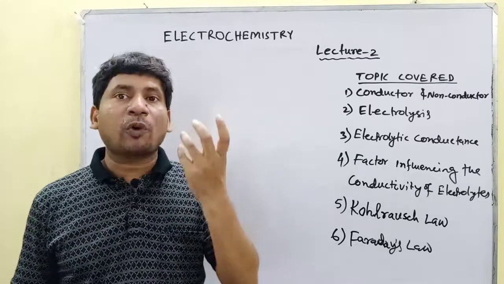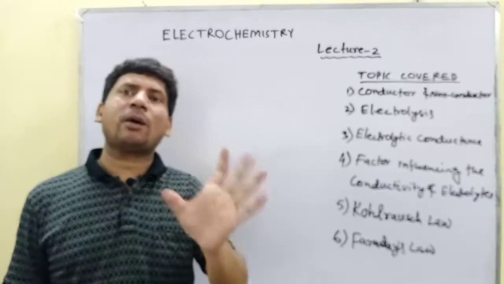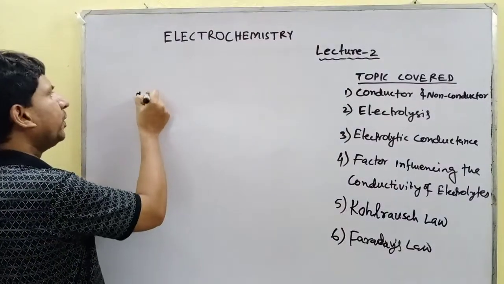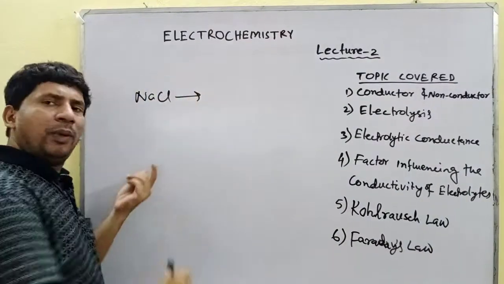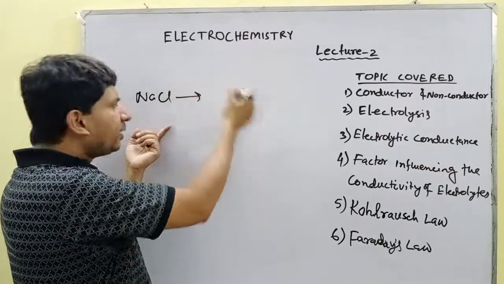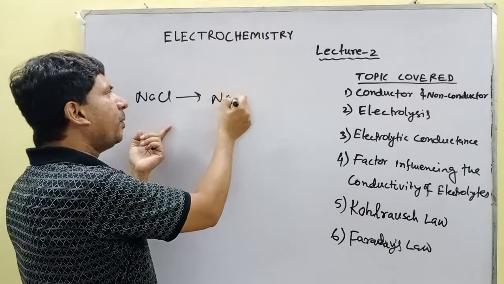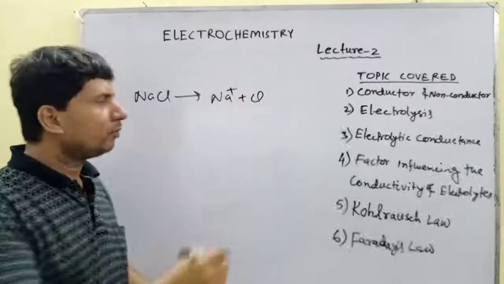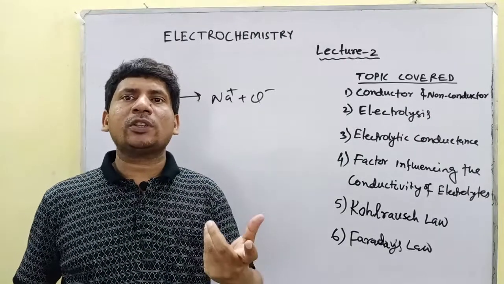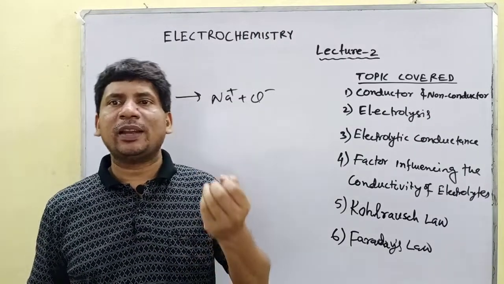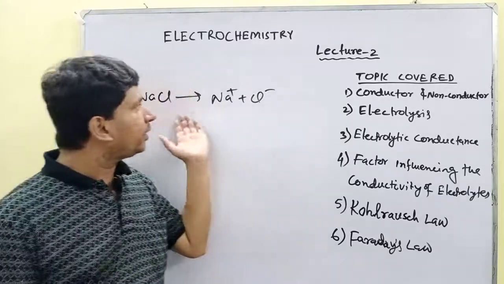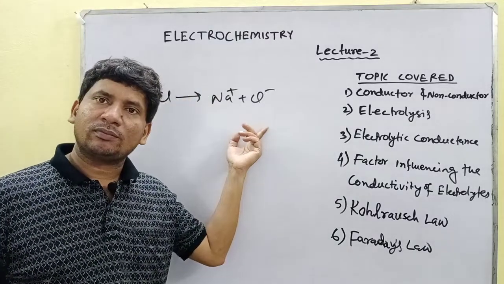That means NaCl, by electricity, decomposes into Na plus and Cl minus. So this process of decomposition of an electrolyte by passage of electricity is called electrolysis or electrolytic dissociation.